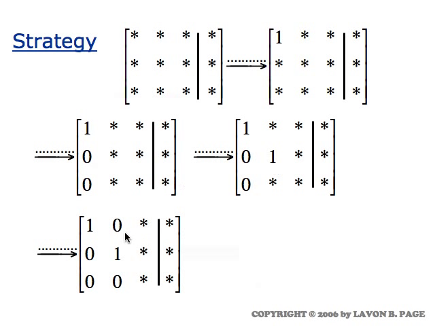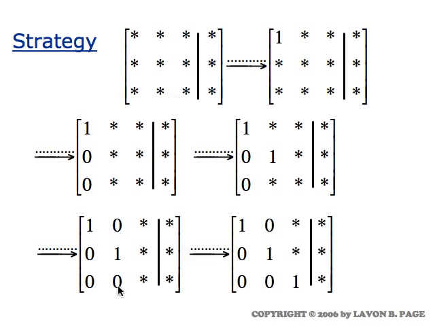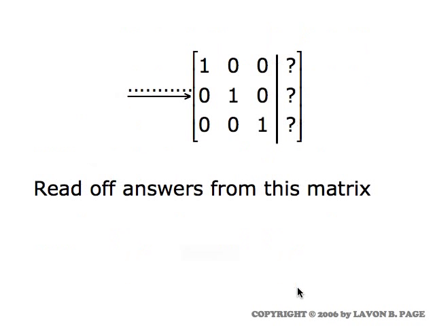And then we do row operations to put zeros at the other spots in column 2. We move to column 3 and use a row operation to produce a 1 in the row 3, column 3 spot. And then finally, we produce zeros at the other spots in column 3.